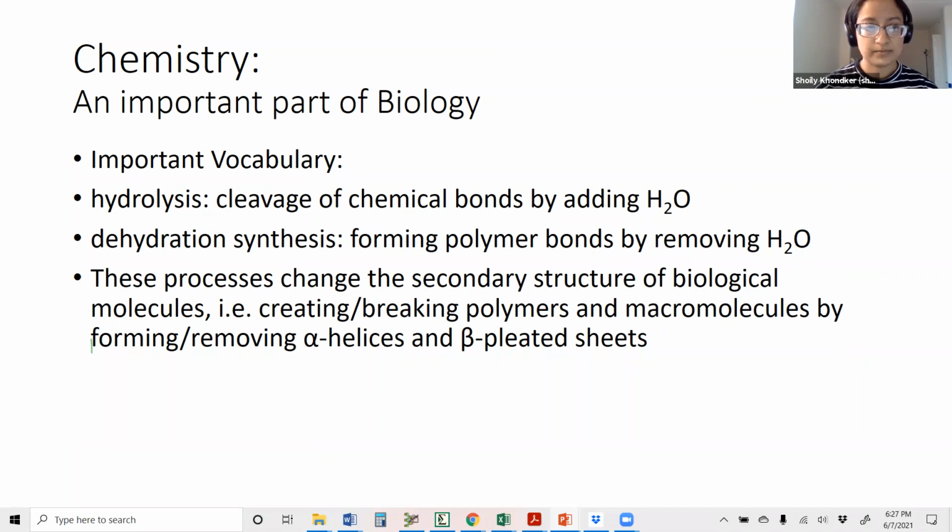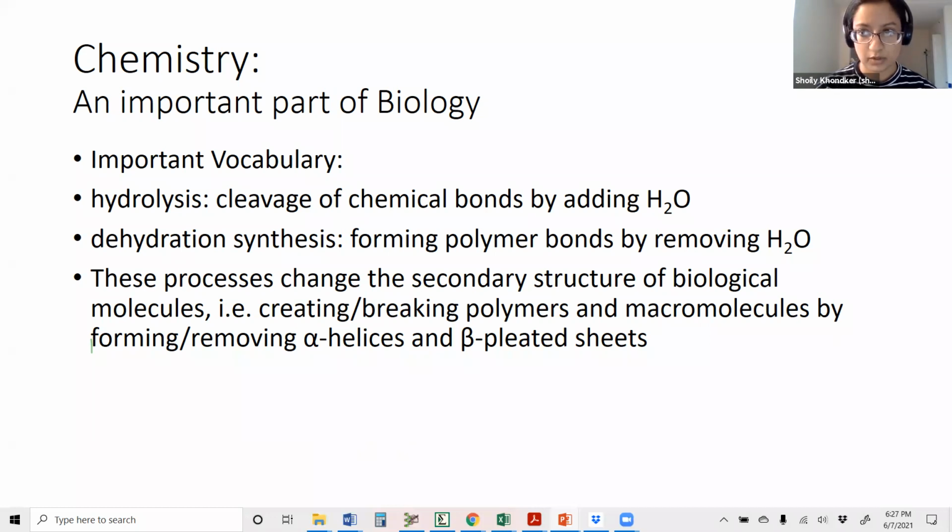So some vocabulary you should be familiar with before we go into this are hydrolysis, which is cleavage of chemical bonds by adding water, dehydration synthesis, which is the forming of polymer bonds by removing water. And these reactions are important in modulating the secondary structure of biological molecules.